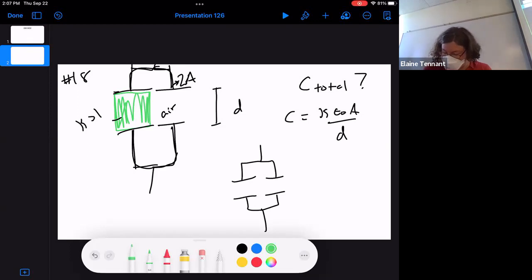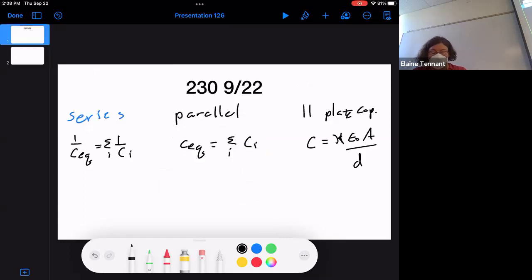Where when charge comes in, you see it? It has to choose one or the other. One hallmark of parallel is you have to have one of those junctions. You see a T or a cross or something. So these two things are in parallel, which means that we can treat them as two separate capacitors, figure out their capacitance, and then find the equivalent capacitance as if they were in parallel.